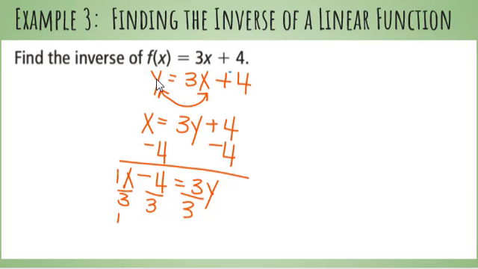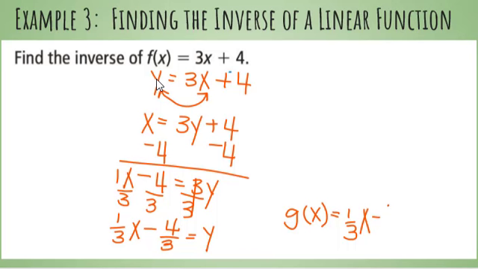There's a 1 in front of this x, so I'm going to write 1/3 x minus 4 over 3 is equal to y. Then I'm going to rewrite this so the y is on the left, and rename y as g of x for our inverse function. So we have g of x equals 1/3 x minus 4 over 3. And this is going to be our final answer here.